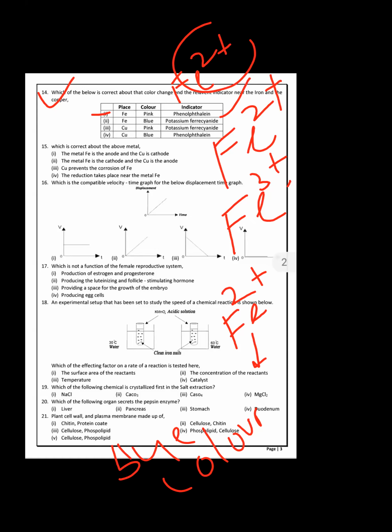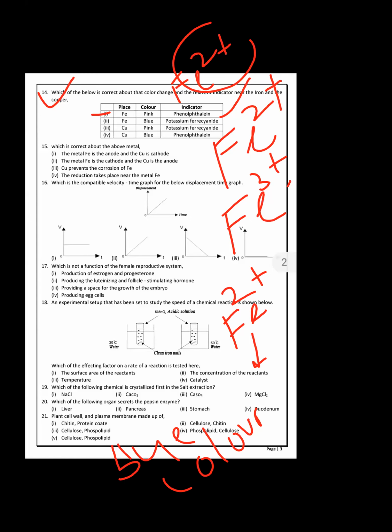The fourth one, the reduction takes place near the metal Fe. Which is correct about the metal? The metal Fe is anode and the copper is cathode. The metal Fe is, it is given by a diagram. When we do that, the metal Fe is anode and cathode.